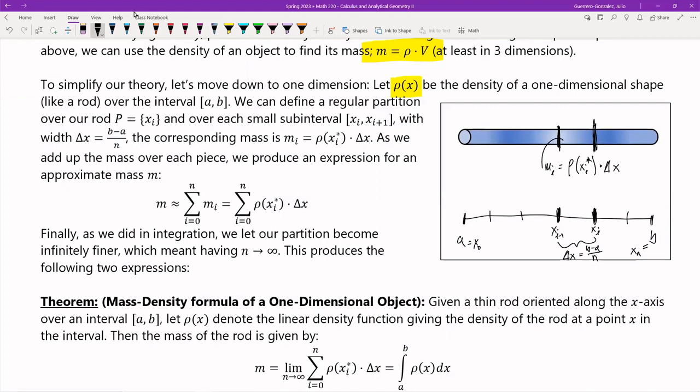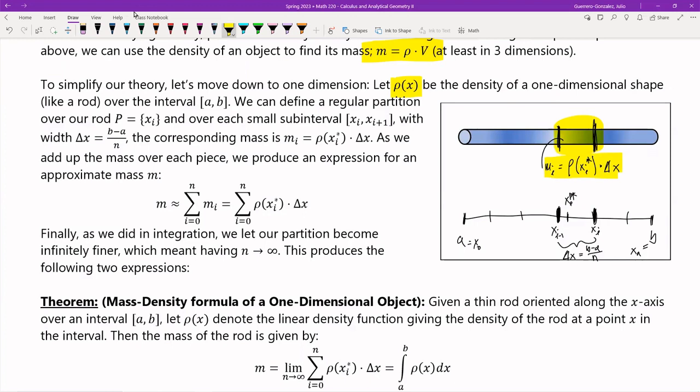If I divvy this up, there's got to be an x_i in here. I can plug that x_i into my rho function, for the density at that particular point, and then multiply it by however long. So the mass of this little piece right here is just this.